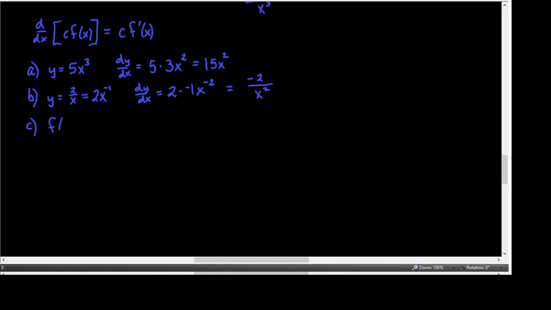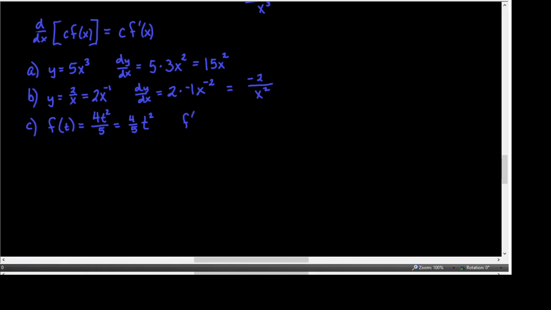All right, f of t is 4t squared divided by 5. This one I'm going to prefer to rewrite as the constant 4/5 times the function t squared. So, since it's function notation, I'm going to use prime for my derivative.